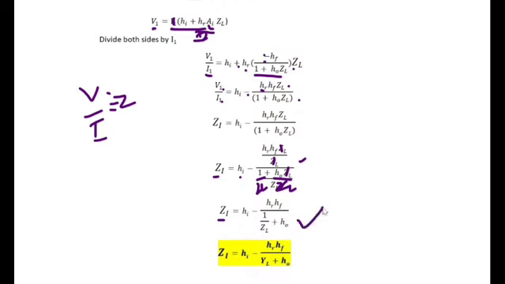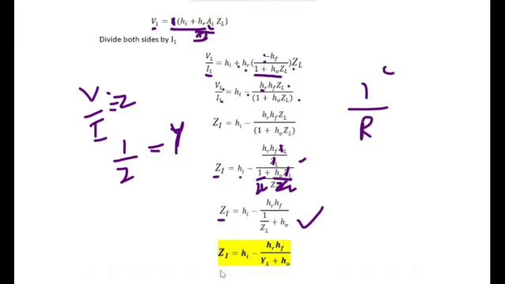In this equation, 1 by ZL, like 1 by R, the inverse of resistance, is conductance. So the inverse of impedance is admittance, here the load admittance YL.